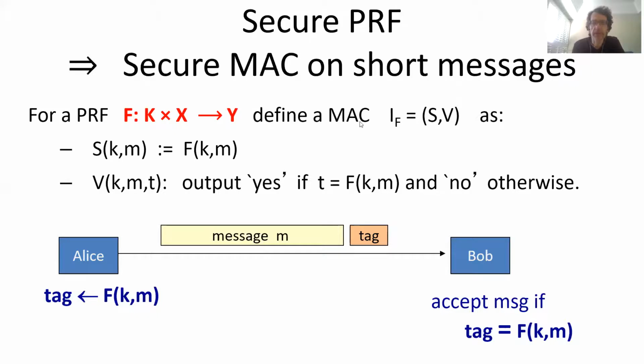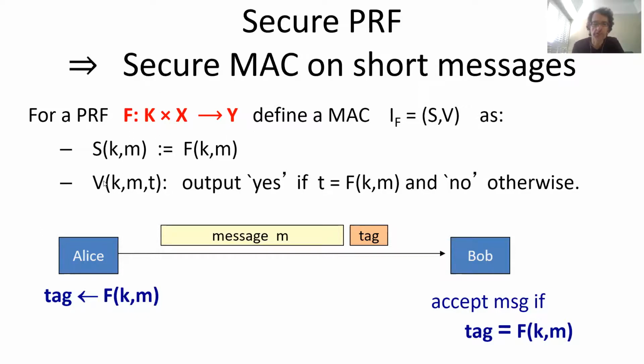Now we can define a MAC, which is a pair of S and V. The MAC is going to work on a message space that is the domain of the PRF. And to sign, the tag is computed simply as the output of the PRF on the message.